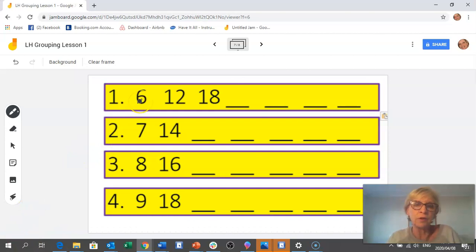Right, let's have a look first at the first one. So we are jumping from 6 to 12 to 18. I'm jumping in 6s. So if I add another 6 onto 18, what will that be? 24.